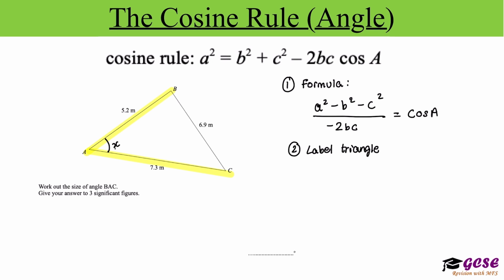So in this case, we don't know X, so we've labeled our corner capital A. Okay, side opposite A is going to be lowercase a, and then the others, it doesn't really matter. So we've got B there, so we'll keep it as B. Side opposite B is going to be lowercase b. We've got capital C here, so the side opposite C is going to be lowercase c. So we've labeled our triangle.